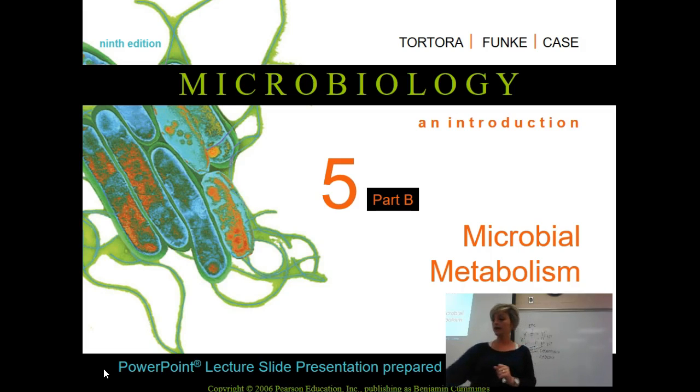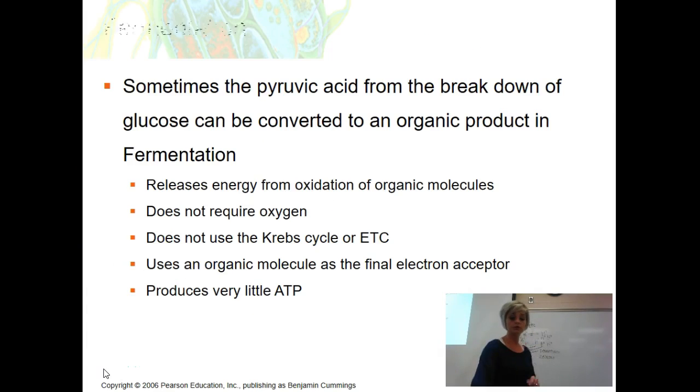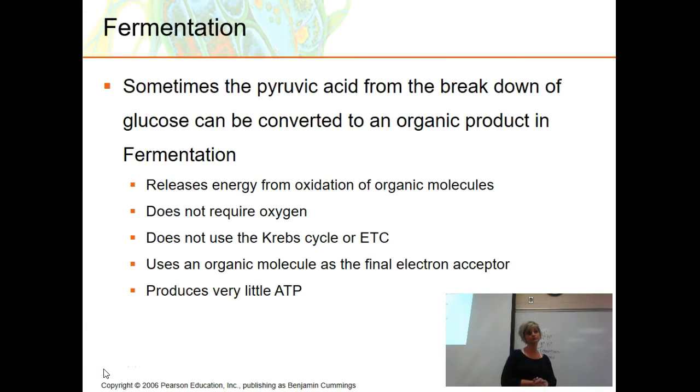Another way that we can actually generate energy is through a process called fermentation. Fermenters can take that glucose, they can break it down into pyruvic acid. That's the same as what I showed you for cellular respiration.